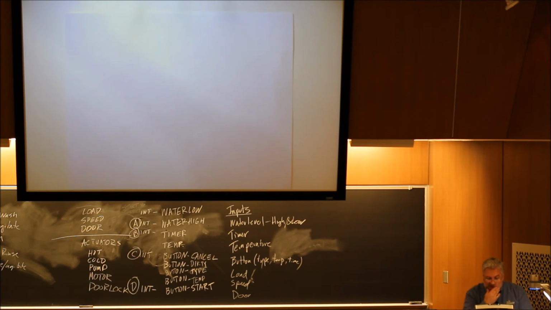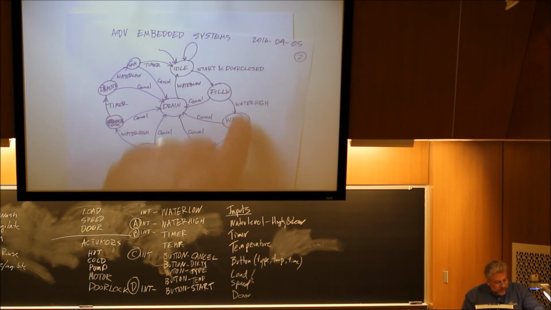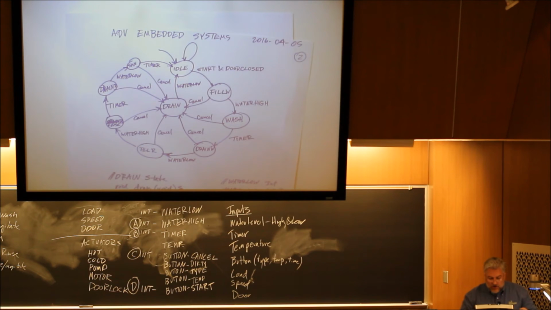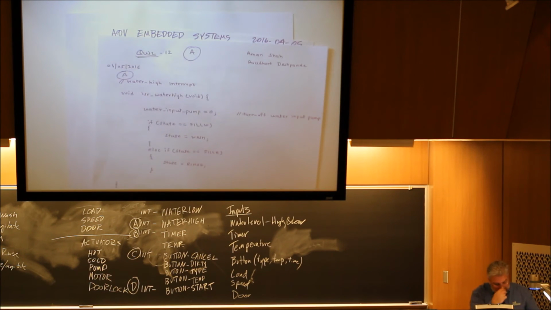So A, I gave you was the water high interrupt. And so where did we worry about the water high interrupt? Well, we have one here and one here, and that's it, right? So here we have a void ISR water high, and we had the input pump.